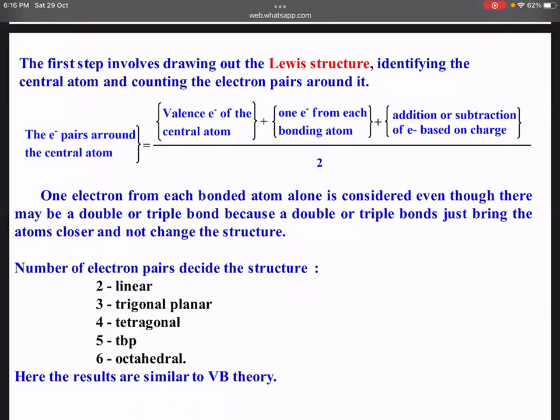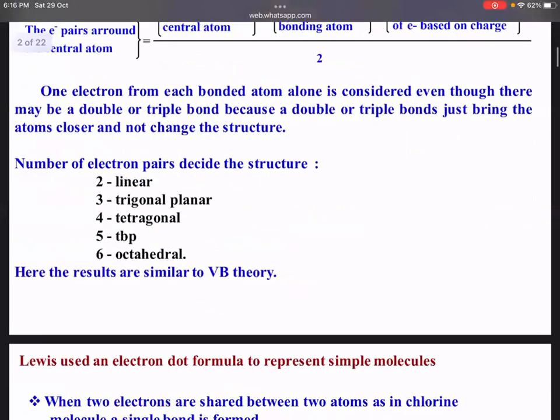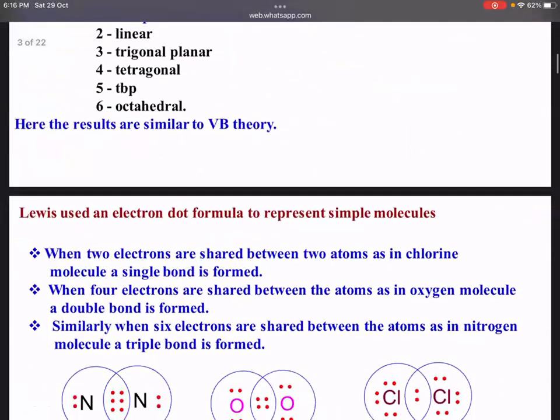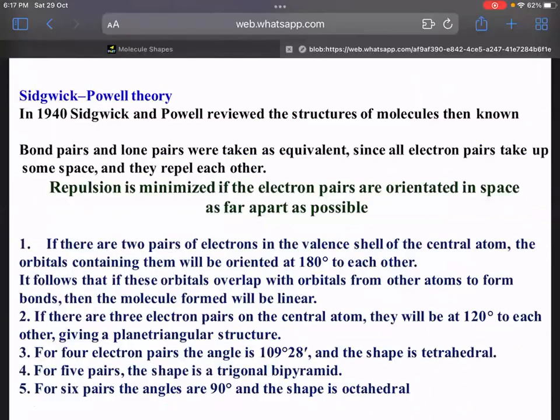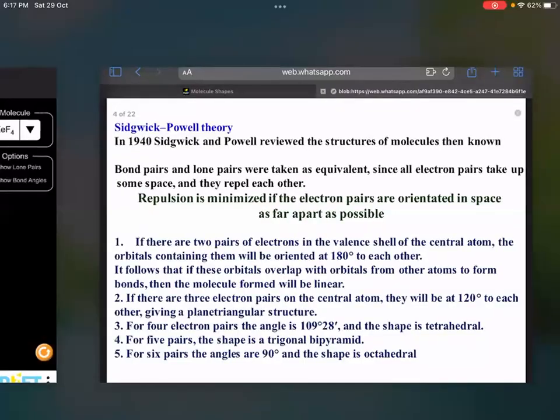Okay. Next, this is Lewis structure. So this is the main point. The repulsion is minimum. It's not showing.